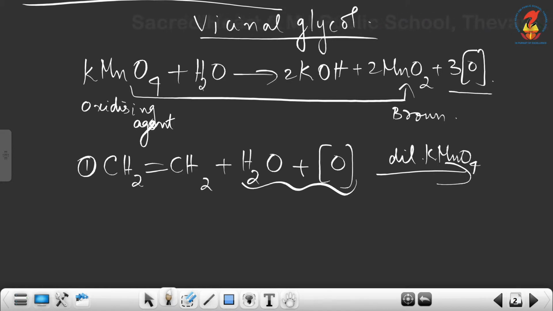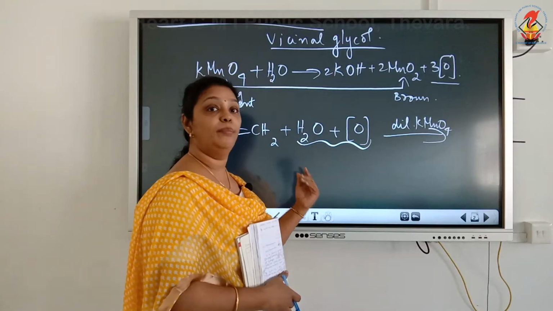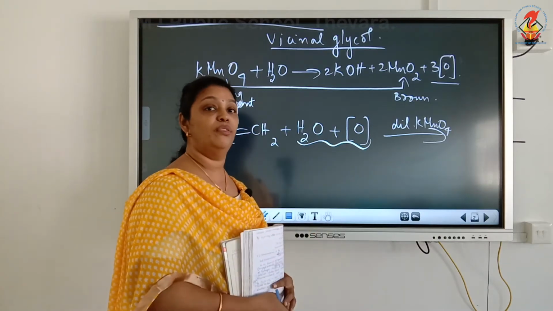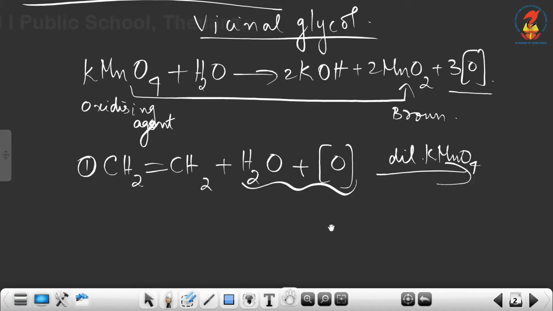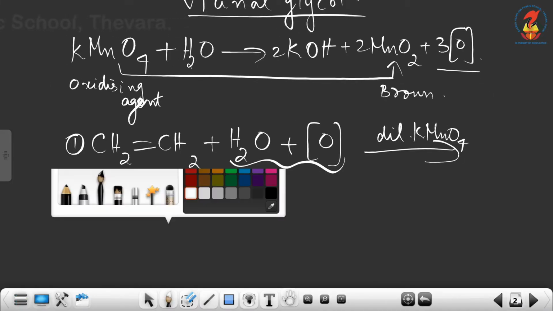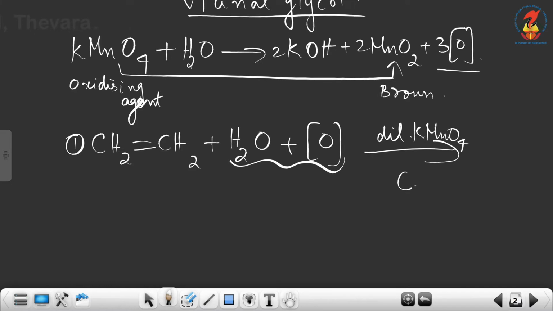Sometimes in complete the following questions, H2O plus O will not be given. Instead, only dilute KMnO4 will be given above the arrow. Now, what is the product? Here the OH group will add to the double bonded carbon. So, what will be the product? CH2OH, CH2OH.